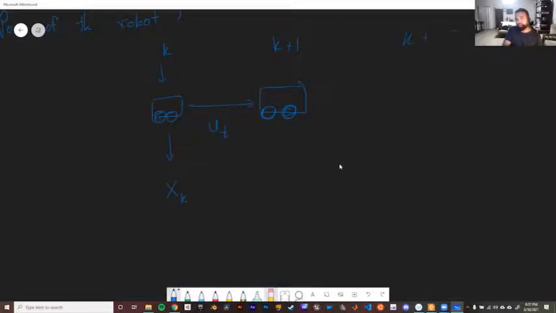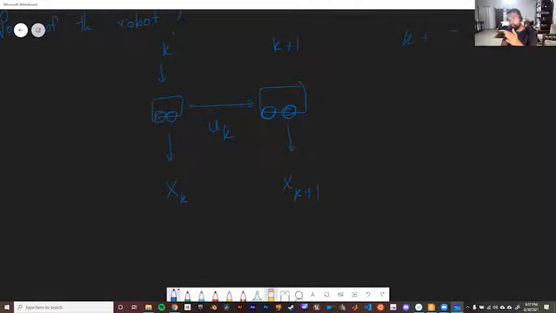And the pose of the robot here is x_{k+1}. Right? So what we have is a control command called u_k. So this control command tells the robot to move forward, and it takes the robot from the x_k location to x_{k+1}, right?